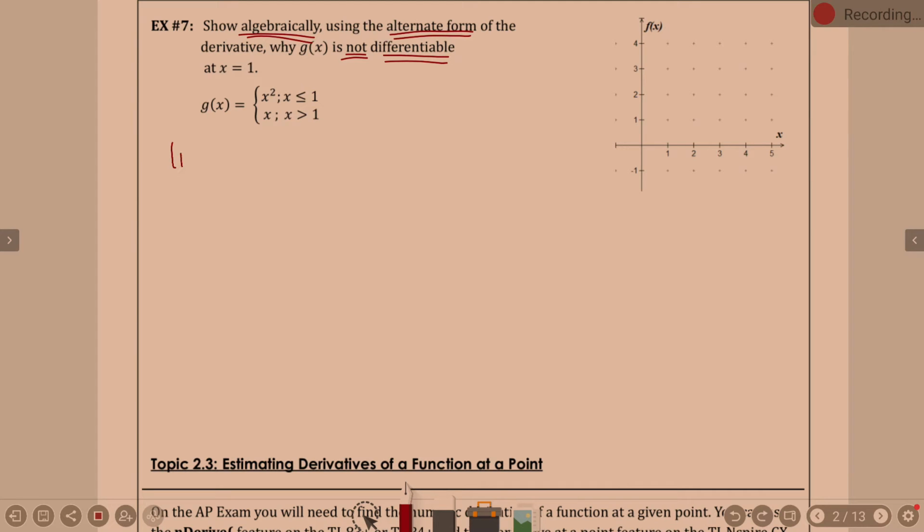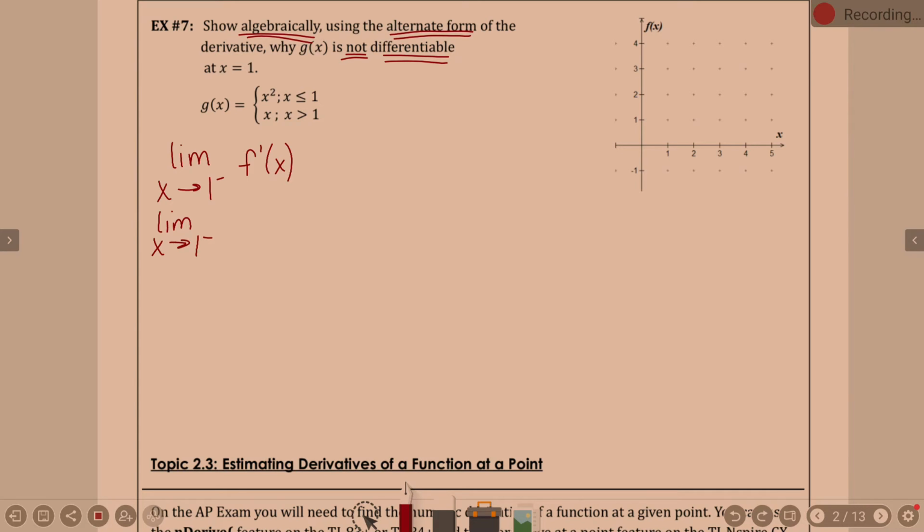Okay, so if we look, first of all, at the limit as x approaches 1 from the left of f prime of x. Remember it's saying to use the alternate form.